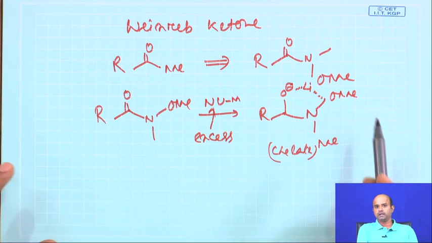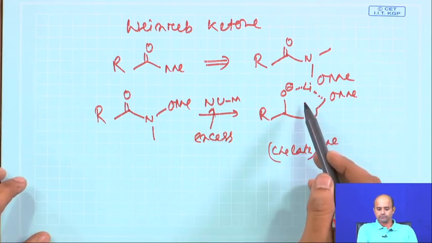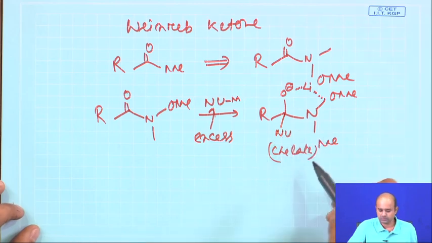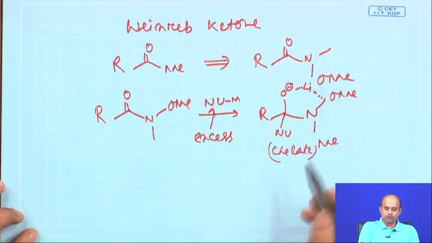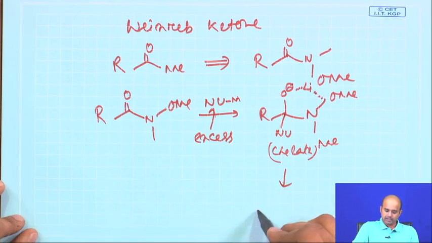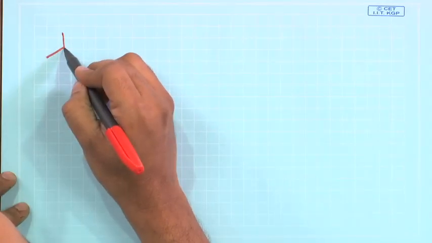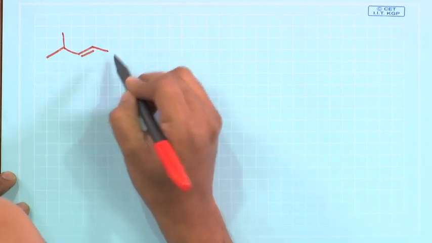Now, you quench these things, and your nucleophile will definitely be here. You quench with acidic workup, and you will get the corresponding ketone back.